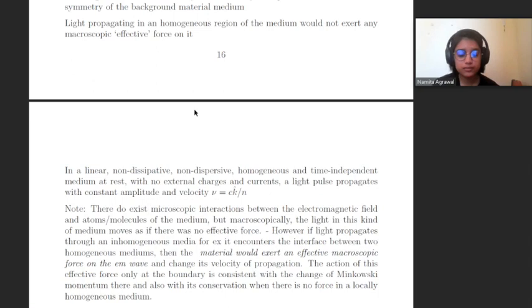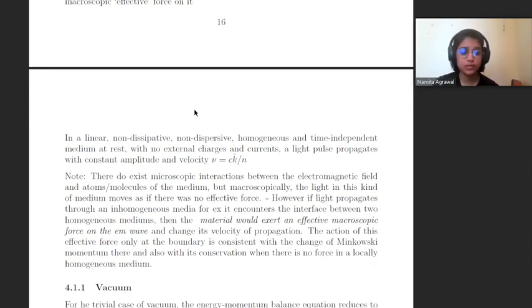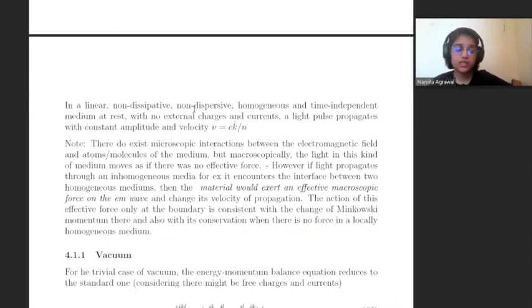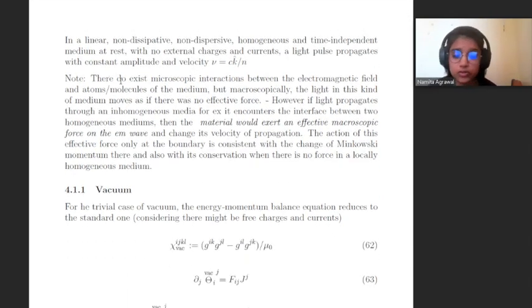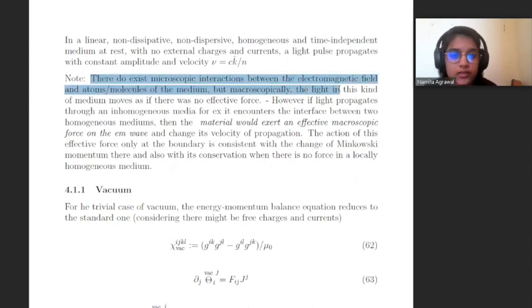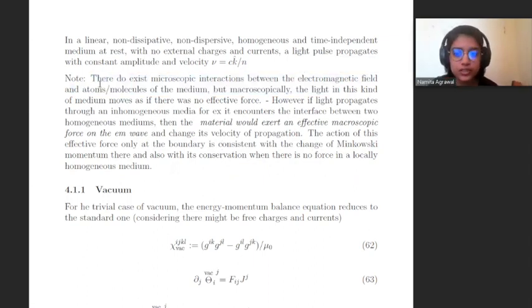But if the EM field is propagating from a medium and encounters some interface between two homogeneous mediums, then it will react by changing its direction of propagation and velocity, which is consistent with previous notations. Just to note that there do exist microscopic interactions between the EM field and the atoms and molecules of the medium, but macroscopically, they will vanish.